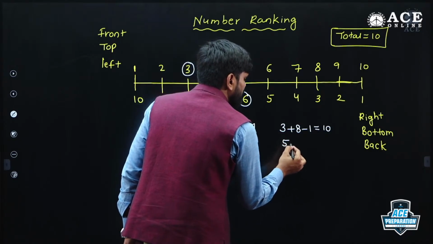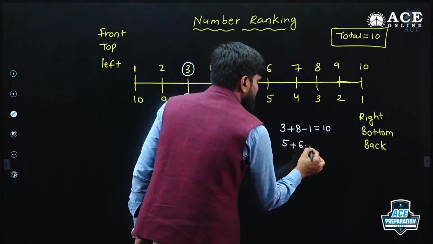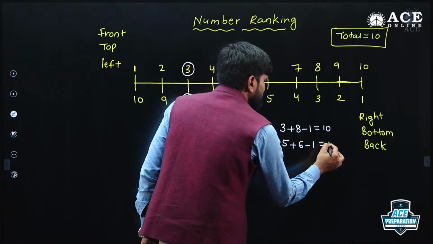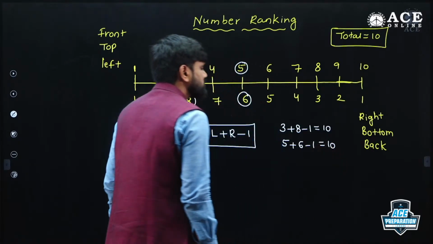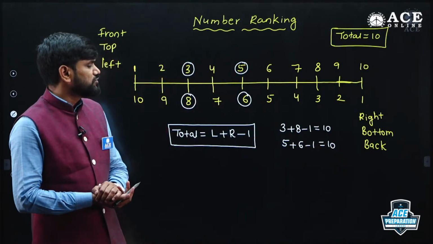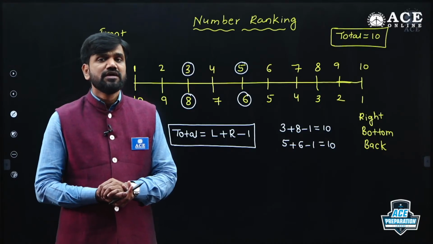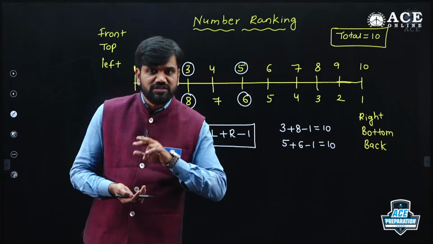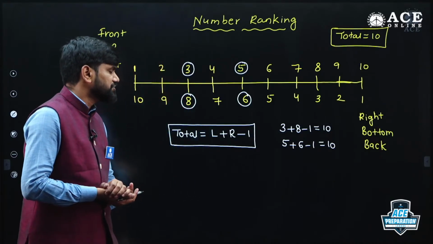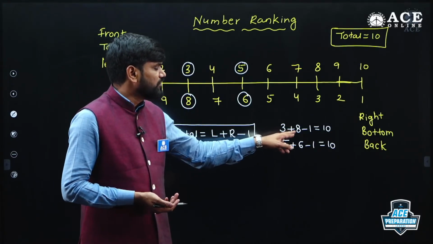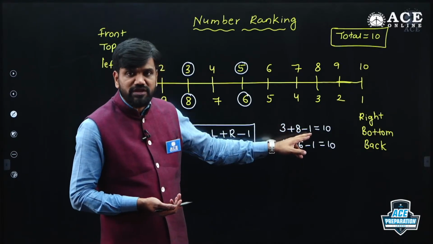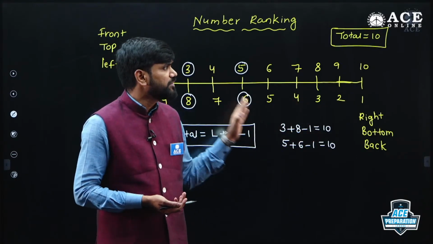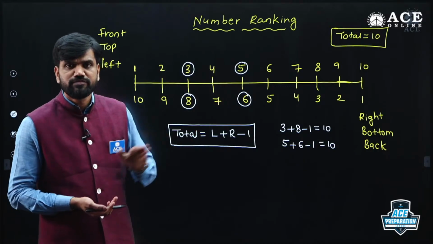So total will be 5 plus 6 minus 1, that will give you what? 10. So you choose any one person, take the position of that particular person from both the ends and add it. That will give you 1 more than the total. So subtract 1 from that, and that will give you the total number of people in the row.